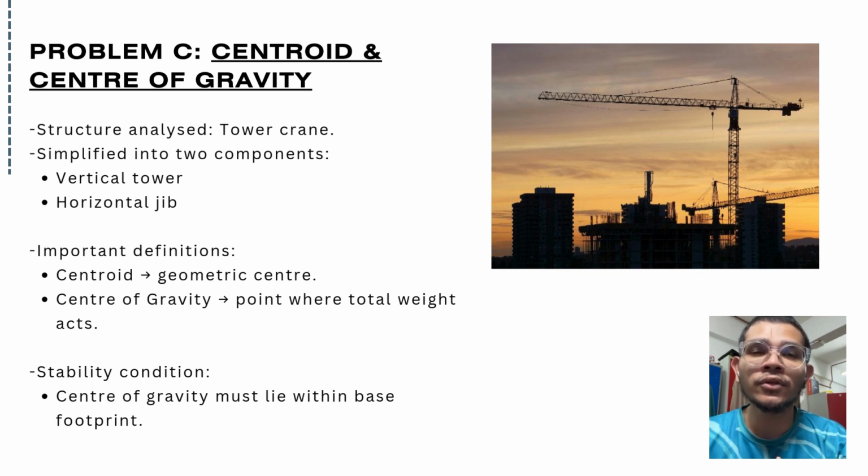Centroid is the geometric center, and center of gravity is the point where the total weight acts. The stability condition for safe operation is that the center of gravity must lie within the crane base footprint to prevent tipping, or in Malay, jatuh. So the conclusion here is that understanding this aspect is crucial for safe crane operation.